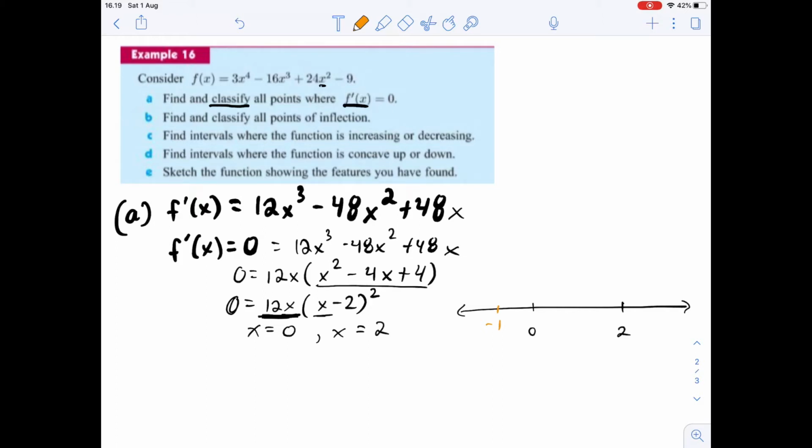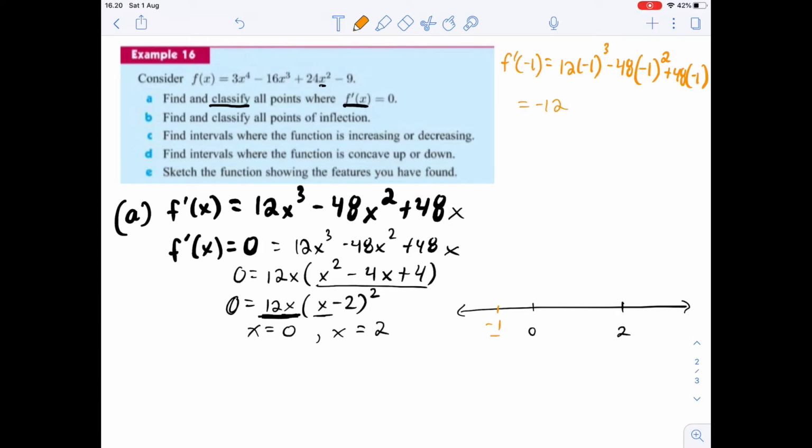So again, I'm going to plug this number into f prime. So f prime of -1 gives me 12 times -1 to the third power minus 48 times -1 to the second, plus 48 times -1.